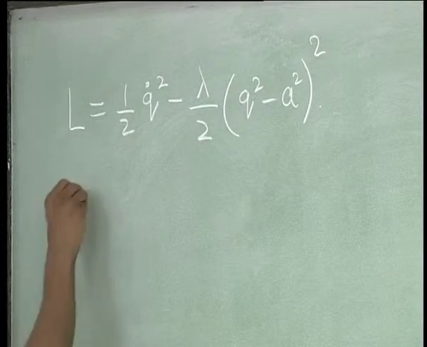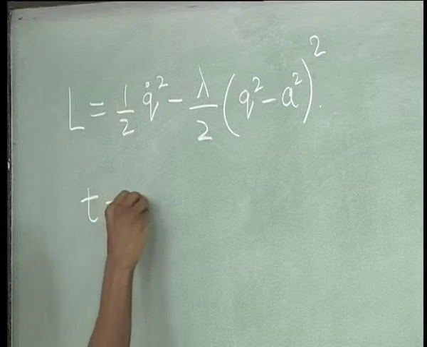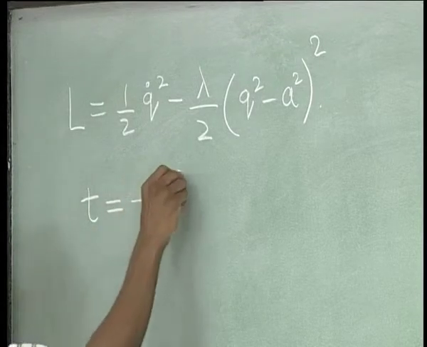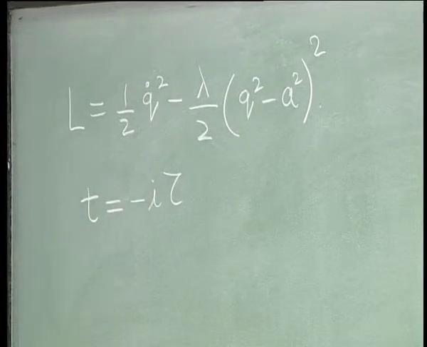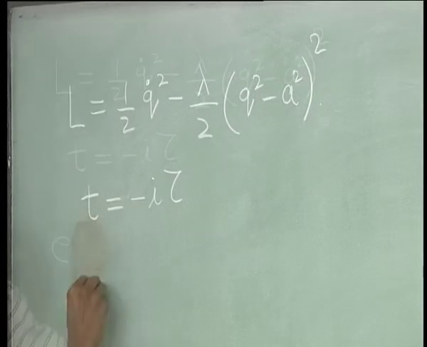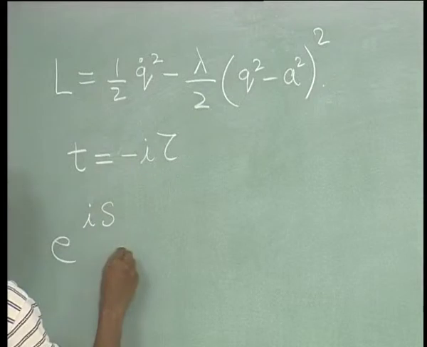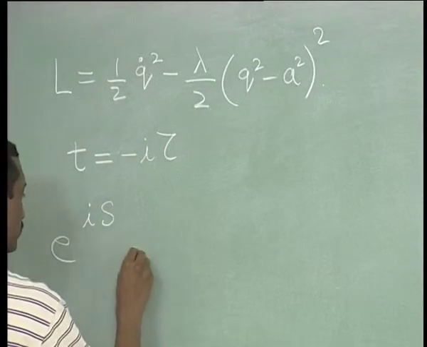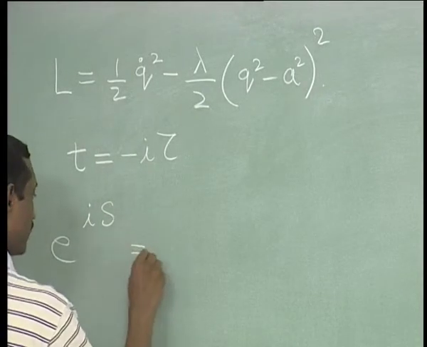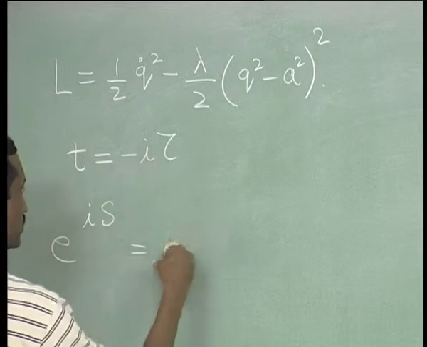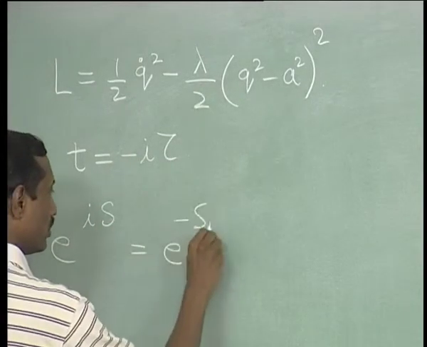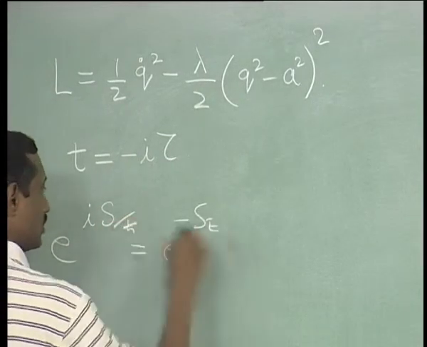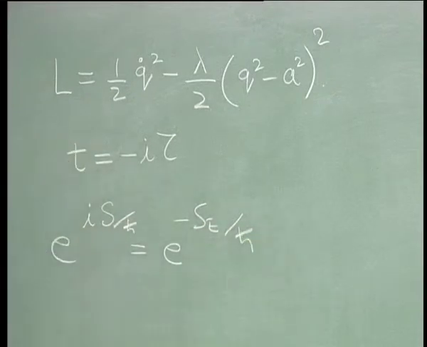The idea was to take t and replace it with minus i tau. There was a minus, we fixed the sign. So e to the power i S will become, once you make this substitution, the Euclidean action.